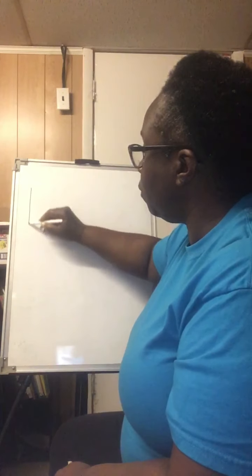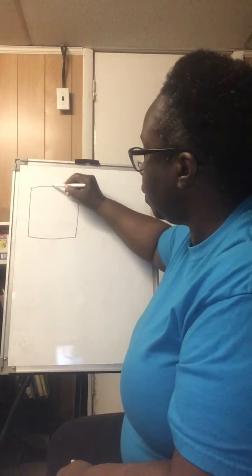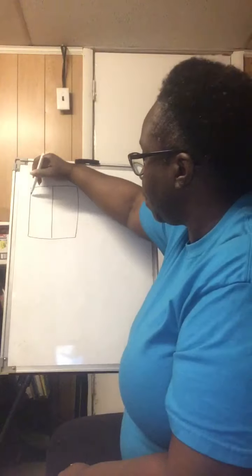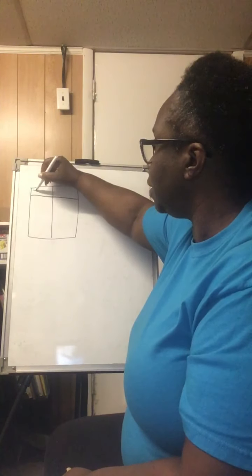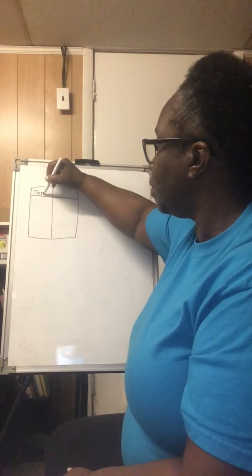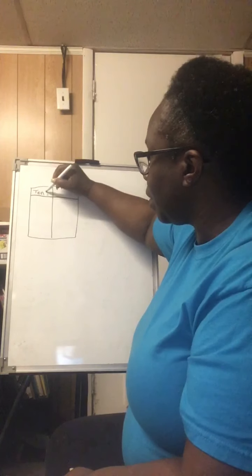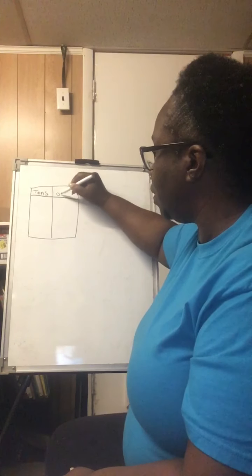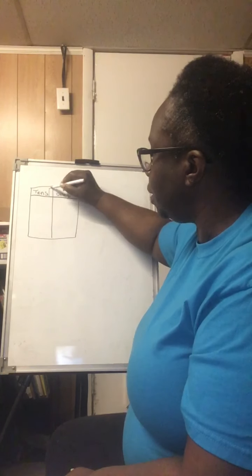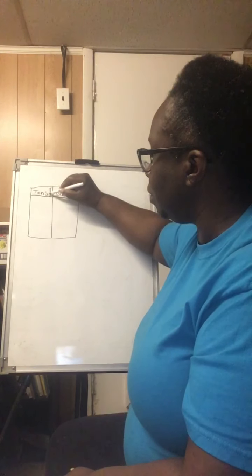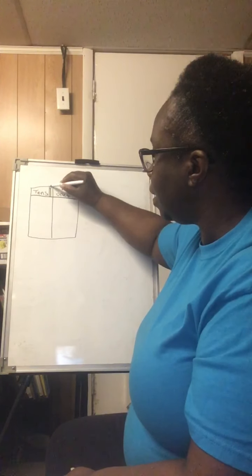Okay, to work with place value. Over here you have your 10s. Over here you have 1s. And we know 10s is usually a 10. 1, 2, 3, 4, 5, 6, 7, 8, 9, 10.